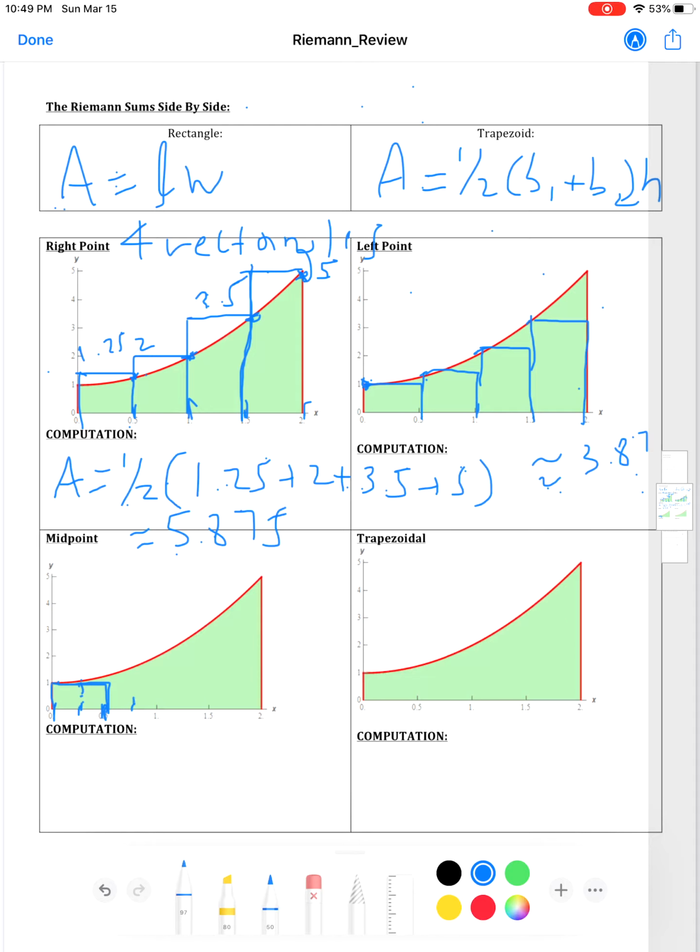Then I go between 0.5 and 1, and I'm going to put a dot right there. I'm going to go right between 1 and 1.5, a dot right there. And then I'm going to choose between 1.5 and 2. It's about right there.